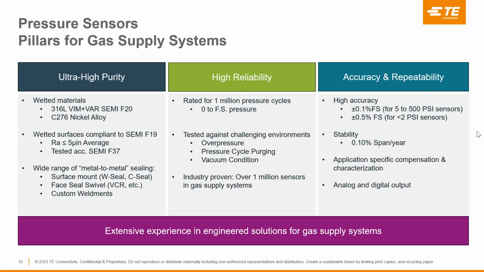Under accuracy and repeatability, our mid-pressure sensors can maintain 0.1% accuracy, and for the lower pressures, 0.5%. In long-term stability, our sensors typically change less than 0.1% span per year. For enhanced performance, we offer custom temperature compensation as well as digital and analog output.